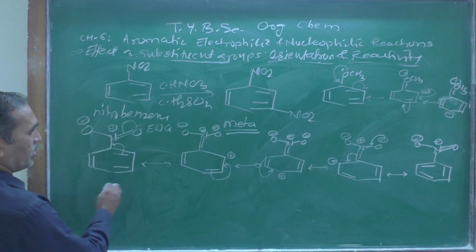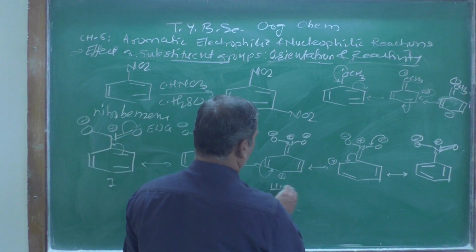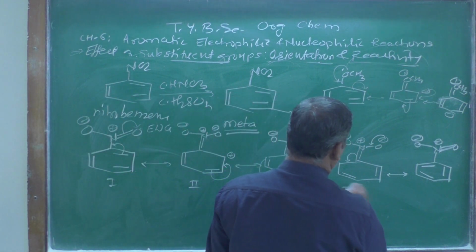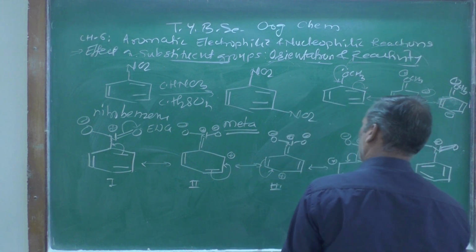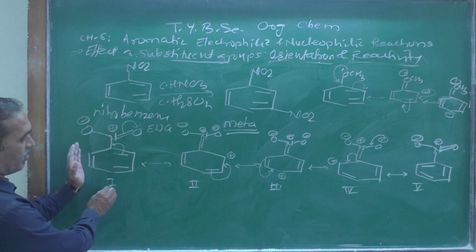Now look at the number of structures. First, this is the second, this is the third, this will be the fourth, and this will be the fifth. There are 5 structures we are getting, and look at structure number 5.